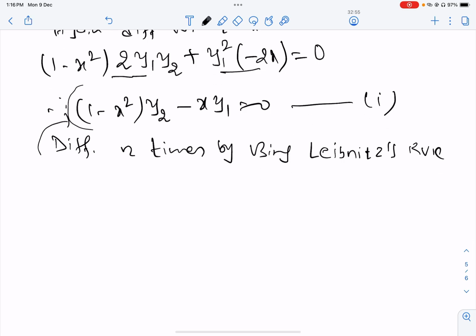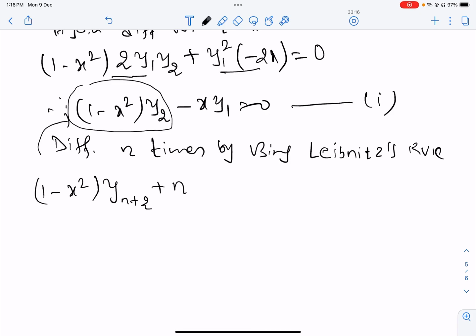So first let us take up this term. So it is (1 minus x square) y n plus 2. y2 is there and again n time derivative, so yn plus 2. Then plus n, that is nC1, that is n. Then take the derivative of this and reduce the derivative of yn plus 2 by 1.